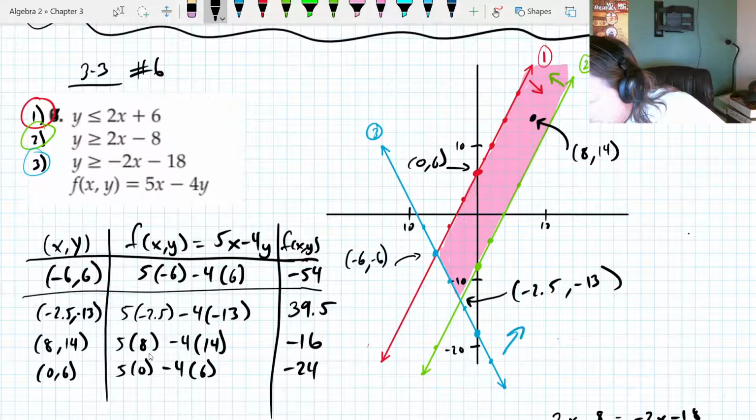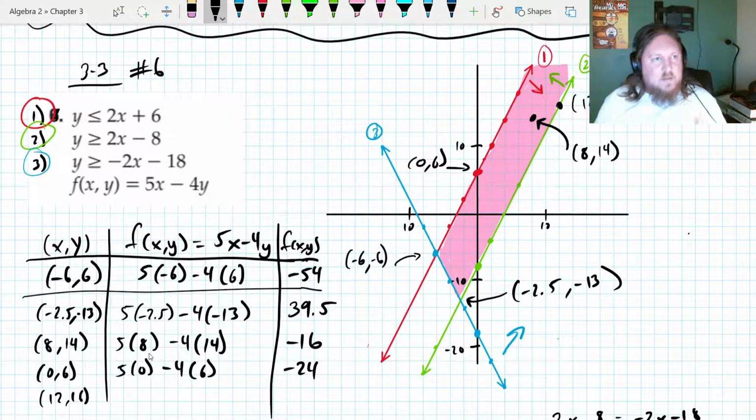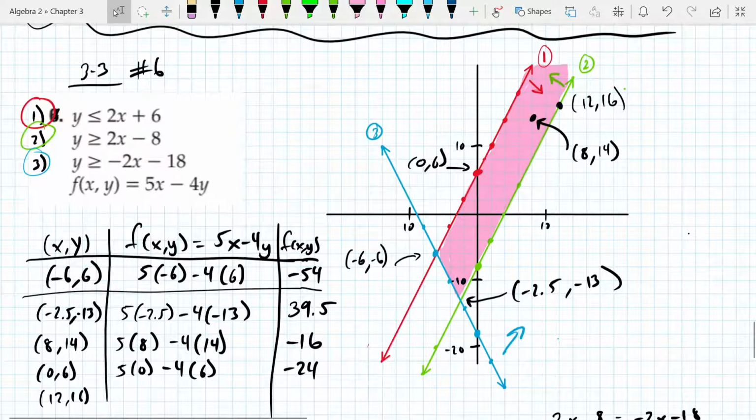How about this one up here? That's 12, 16. This might be kind of similar to the third one we tried. Oh, it's behind my webcam here. Sorry. You're basically trying to figure out some sort of pattern and see if you can get anything to change.